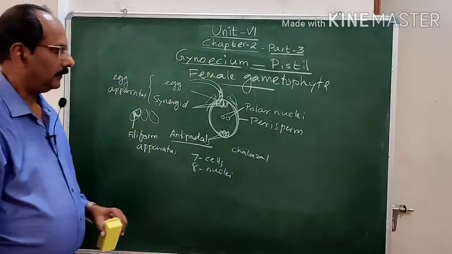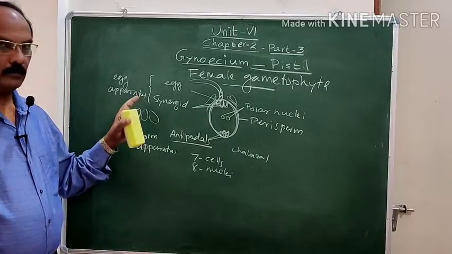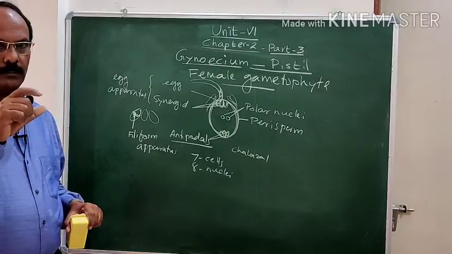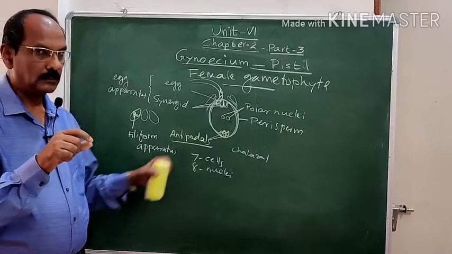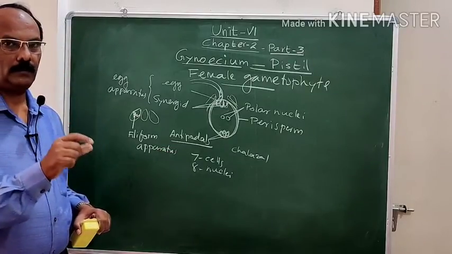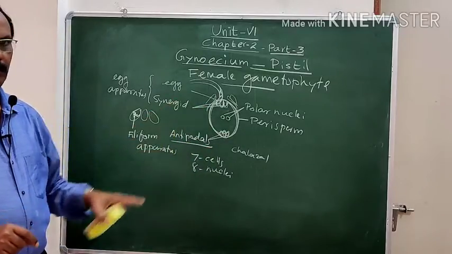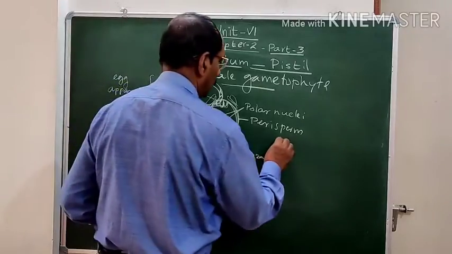So this type of development is called monosporic development, because out of the four haploid cells formed by the meiosis of the megaspore mother cell, only one becomes functional, and from that one functional megaspore the embryo sac is formed. So this type of development of the embryo sac is known as monosporic development.